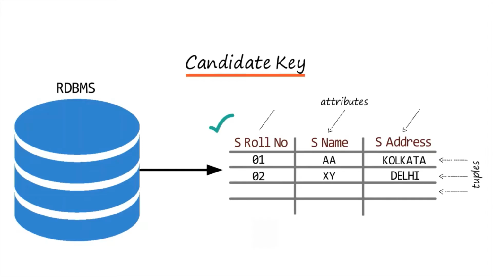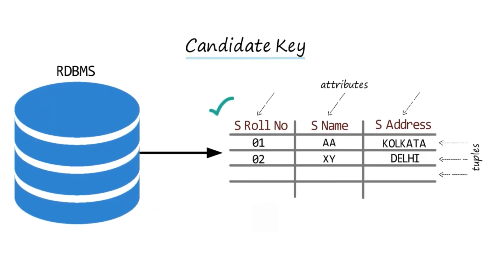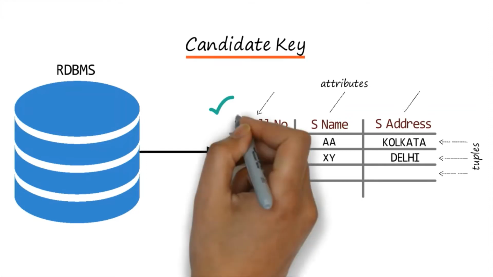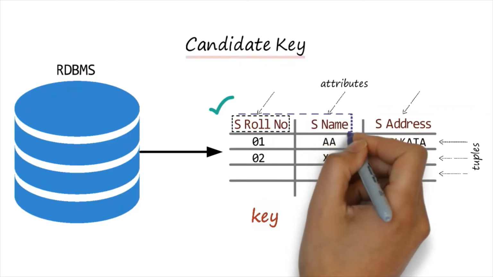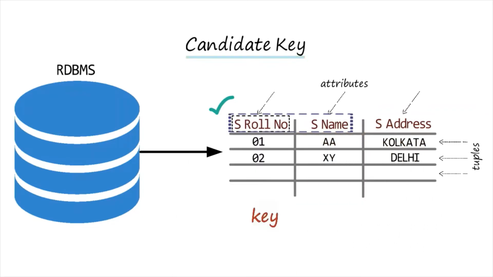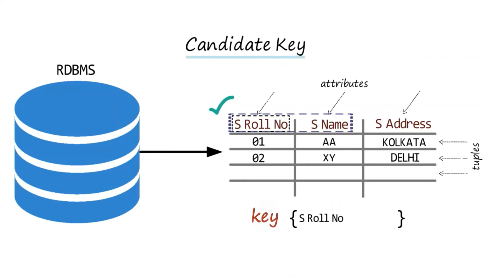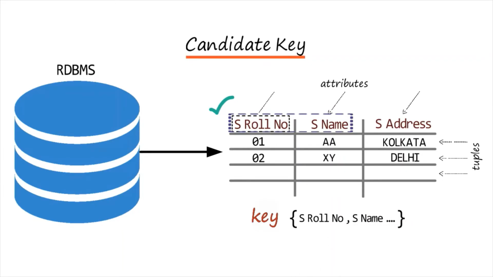Whenever we are defining any particular table, the first concept that you have to understand is, what is the key of this table? So what do you mean by key? See, key means an attribute or a set of attributes. Means you can take one single attribute or you can take a combination of any number of attributes, it doesn't matter.